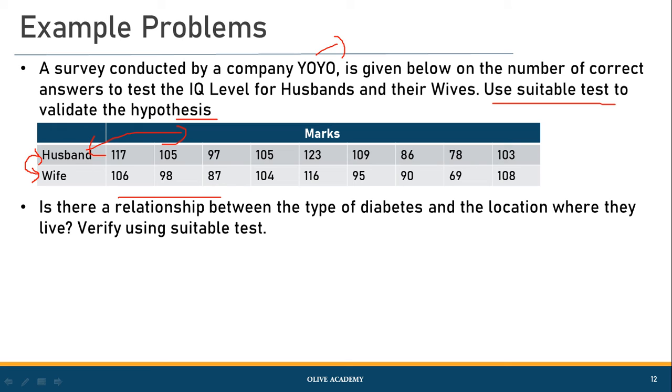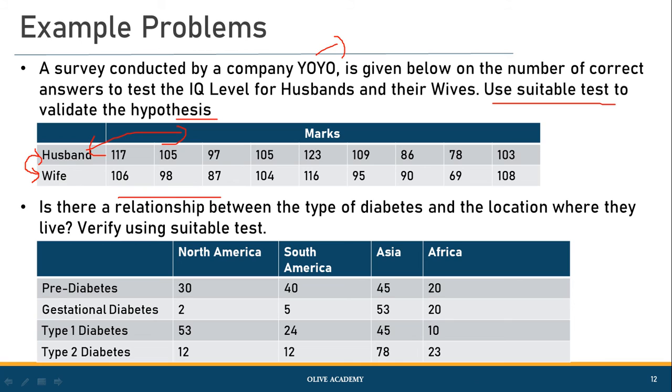Now there is one more question where is there a relationship between type of diabetes and the location where they are living based on the given data set. Now remember that there is a relationship question. Whenever we talk about relationship question, it's a straightforward chi-square. But before that, you should ensure that the numbers are in actual numbers, and the question is about the relationship between rows and the columns, but not between the rows.